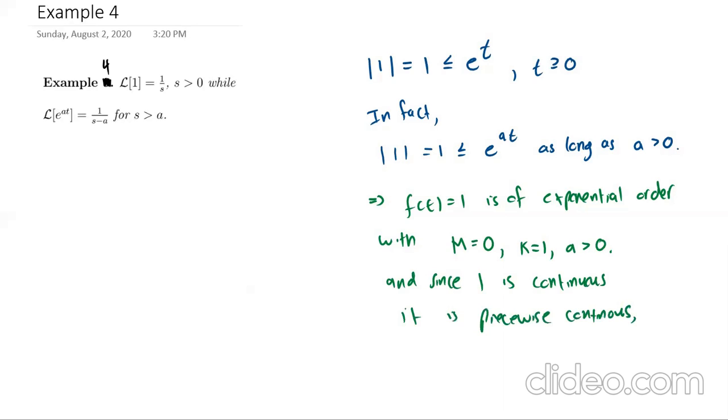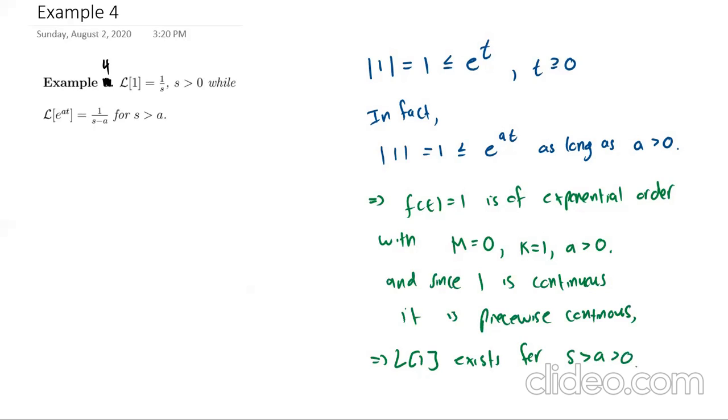So we know that the Laplace transform of 1 exists for all s greater than a, and a here is greater than 0, so same as saying s greater than 0. That is, for s greater than a greater than 0, which means s greater than 0.